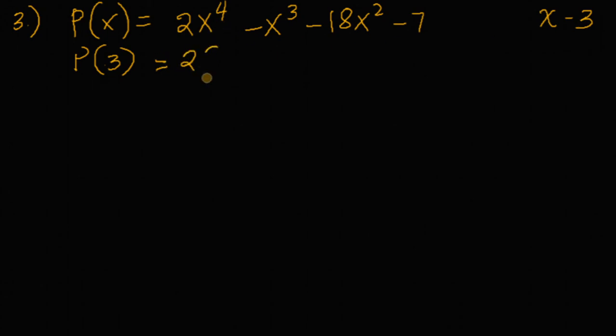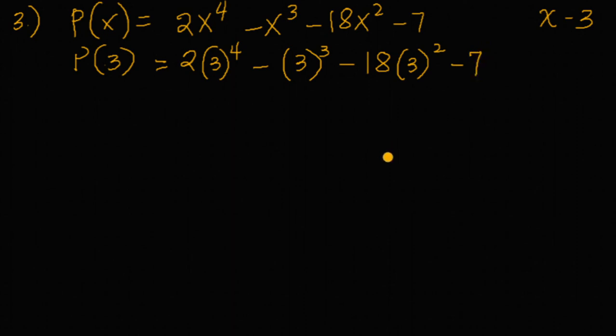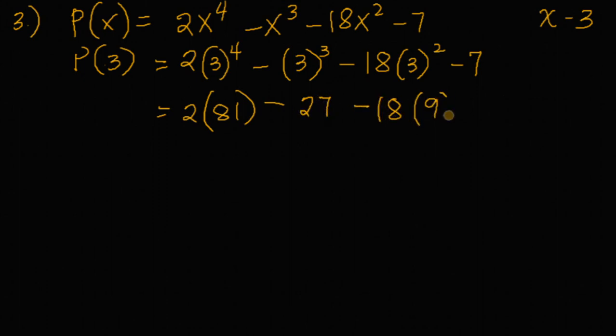So that's 2 times 3 raised to 4 minus 3 raised to 3 minus 18 times 3 raised to 2 minus 7. Okay? Now, 3 raised to 4, that's equal to 81. Then minus 3 raised to 3, that's 27. Then minus 18 times 3 raised to 2, that is 9. Right?